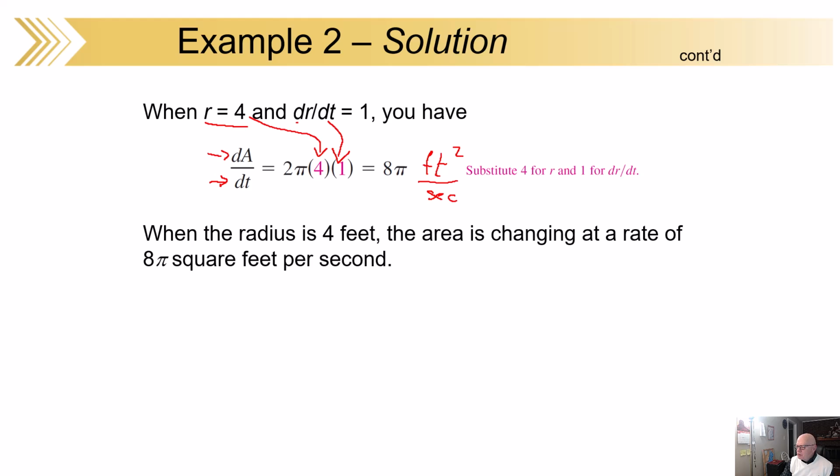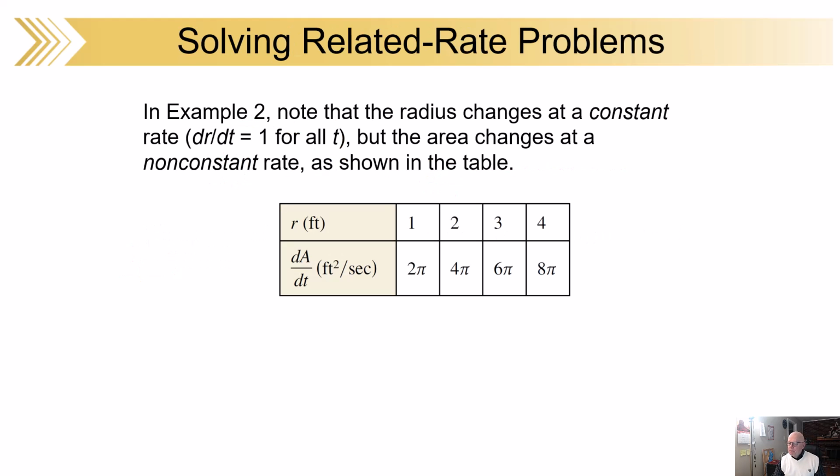When the radius is 4 feet, the area is changing at the rate of 8 pi square feet per second. In reality, we probably would multiply that out and get 24 point something square feet per second, but we're talking about an exact value, so it'd be 8 pi square feet per second.